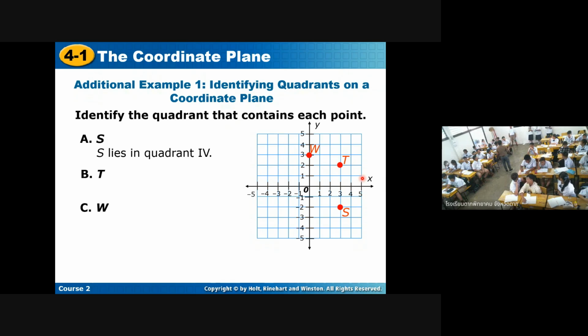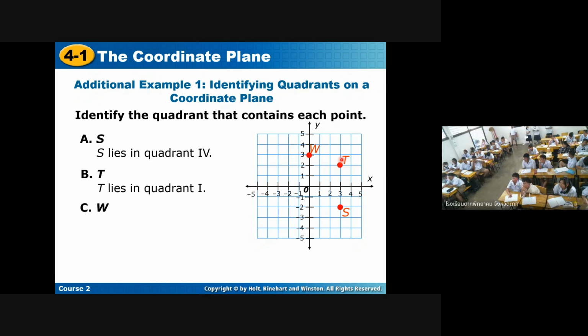Look at your notebook. It is located at quadrant 1. Again, this point T is located in quadrant 1.